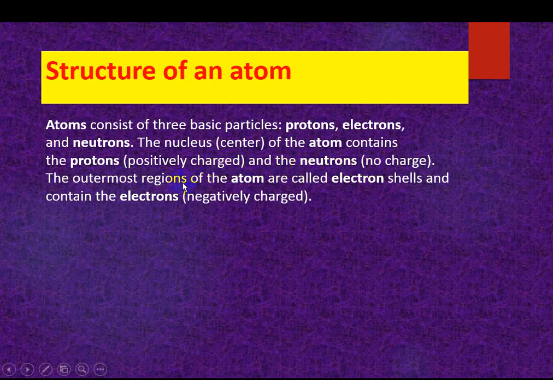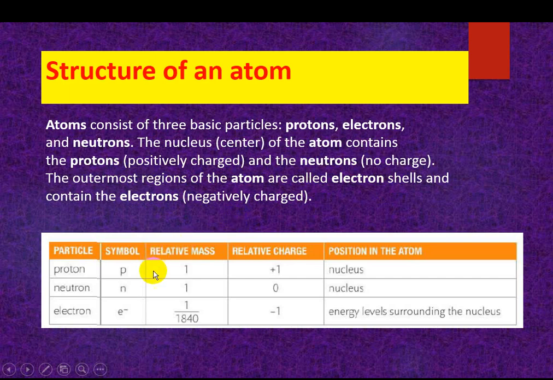The outermost regions of the atom are called electron shells and contain negatively charged electrons. Proton is positive, with symbol P, and neutron is N. The proton's position is the nucleus, the neutron's position is the nucleus, and electrons are in energy levels surrounding the nucleus.